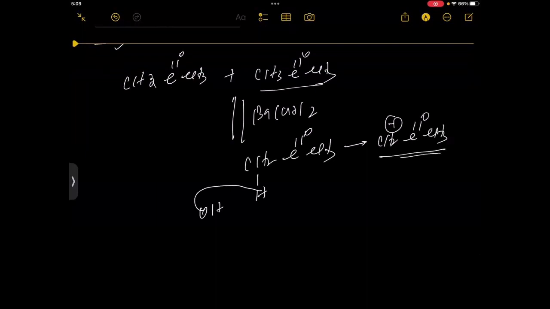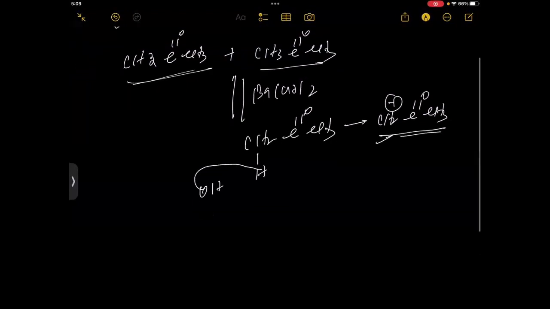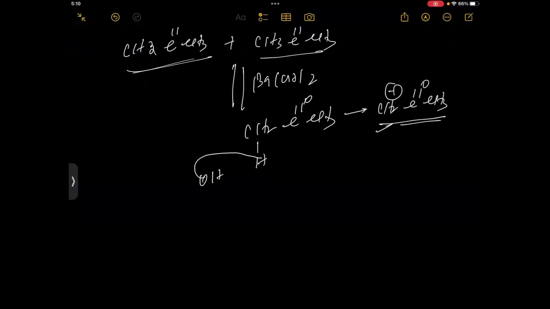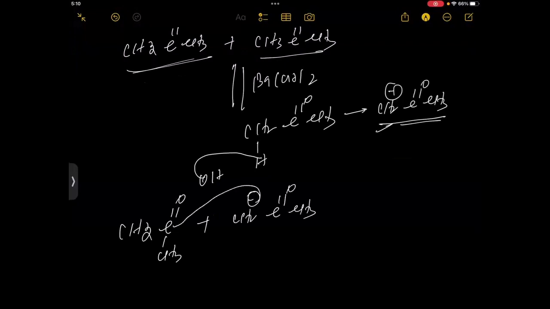Now this nucleophile will attack on this electrophile, and what happened? See that CH3 C double bond O CH3. We have the CH2 negative C double bond O CH3 that will attack here. It will move to that side, and then we get CH3 C O negative CH3 with CH2 C double bond O CH3.